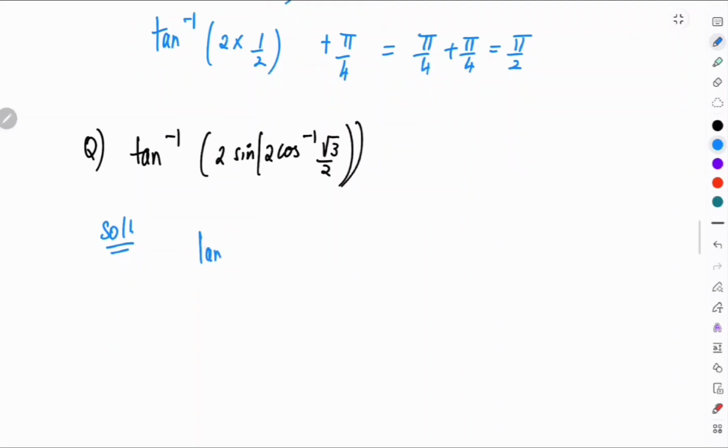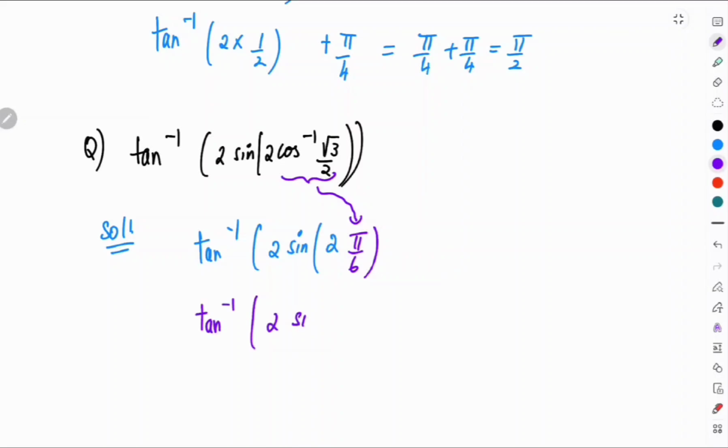So cos⁻¹(√3/2) is nothing but π/6. So tan⁻¹ of 2 sin(π/3), so that is nothing but tan⁻¹ of 2 times 1/2, that's nothing but π/4.